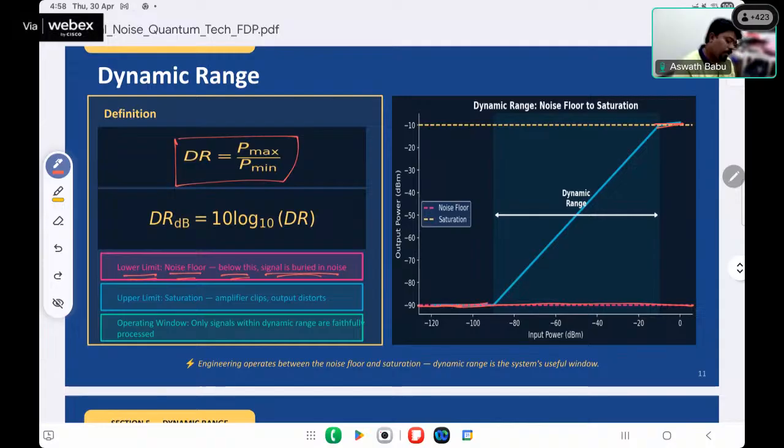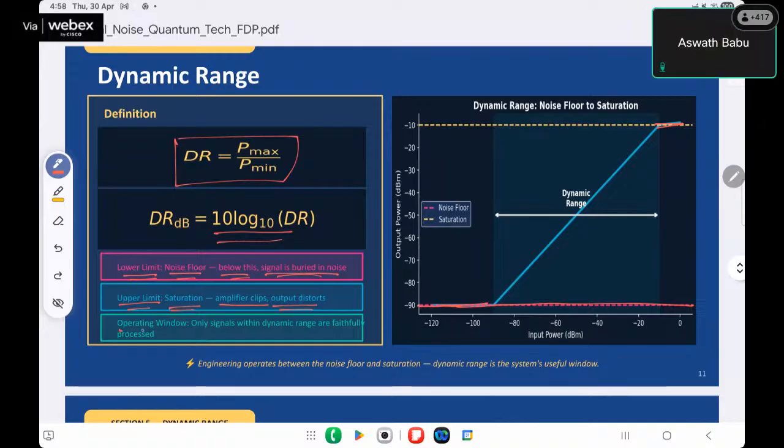If the signal is fluctuating, and you calculate in dB, you would get a certain dB dynamic range. The upper limit is saturation, where it can amplify and the output distorts. Too much of an operating window is not good.